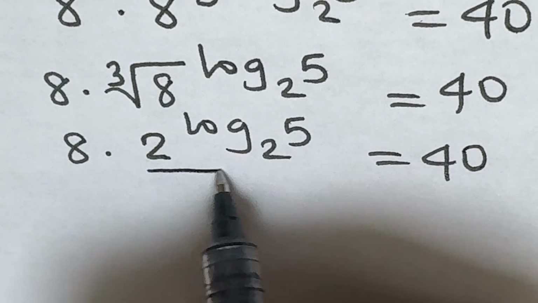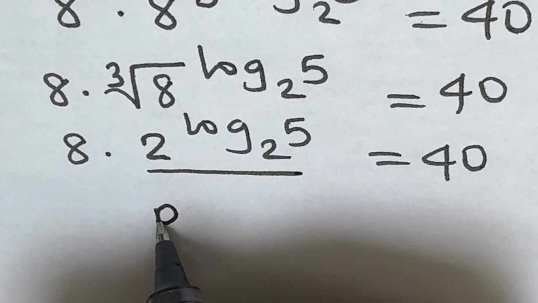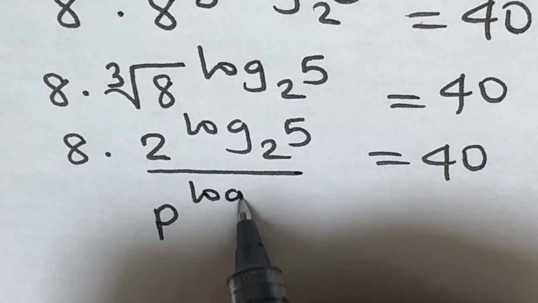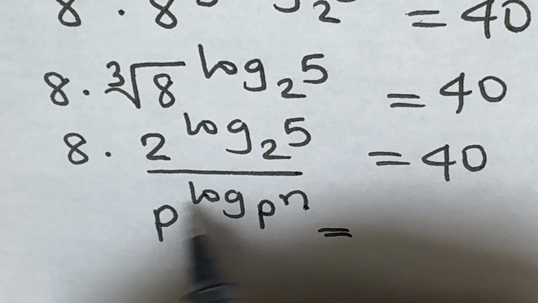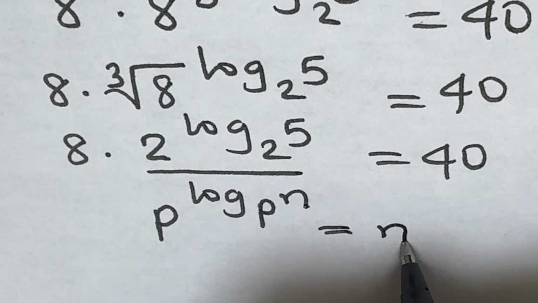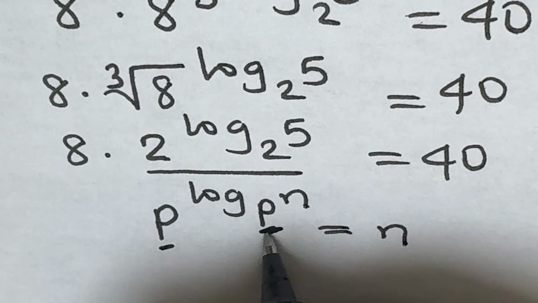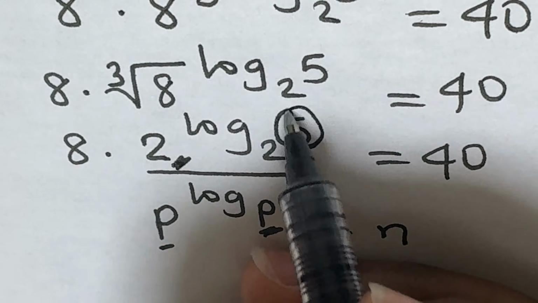This expression here, by law of logarithm, is of the form p raised to power log n base p. This law states that all of these can be reduced to n because this base and this base are the same. So because we have 2 and 2 here, this simplifies to 5.